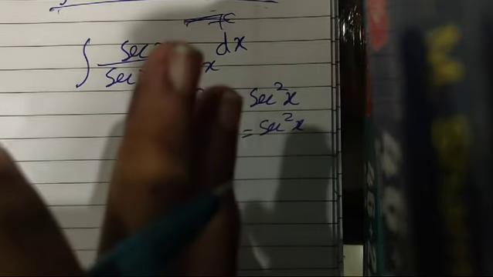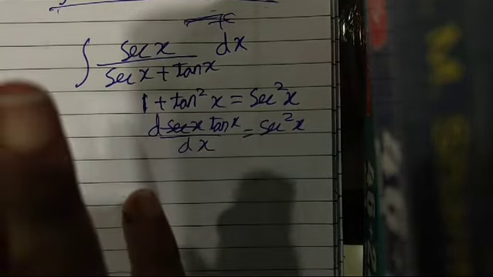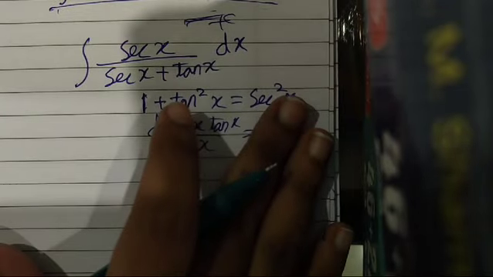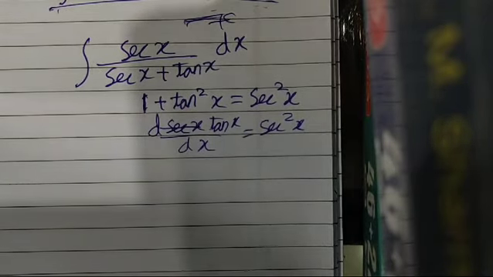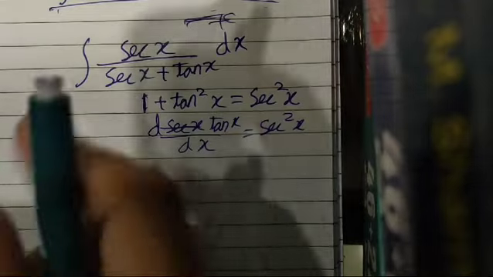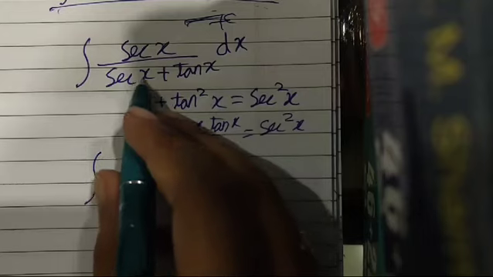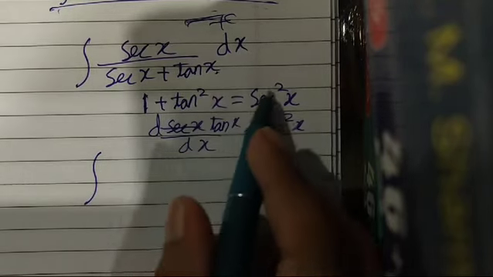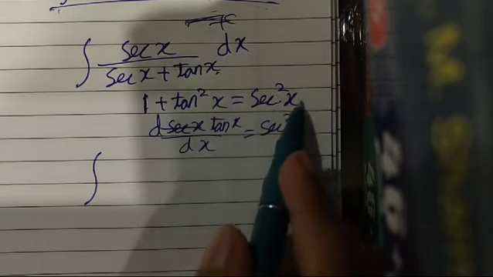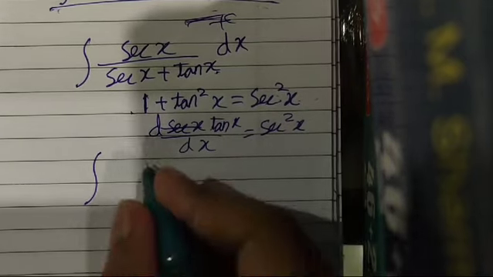Now there are two ways to solve it. Easier method and tough method. Easier method is to multiply and divide by sec x minus tan x. You can obviously say sec square x minus tan square x is equal to 1.